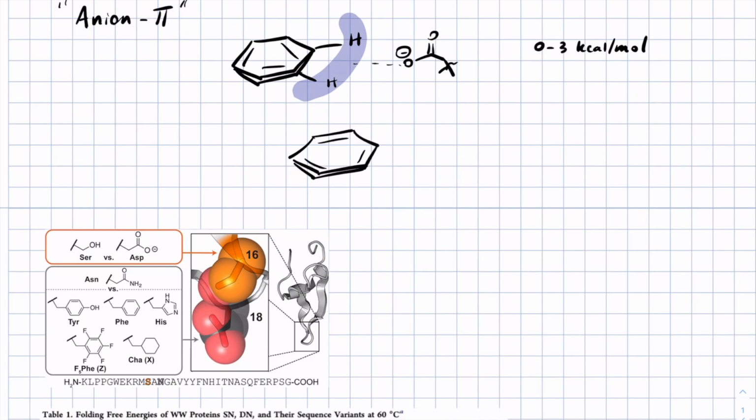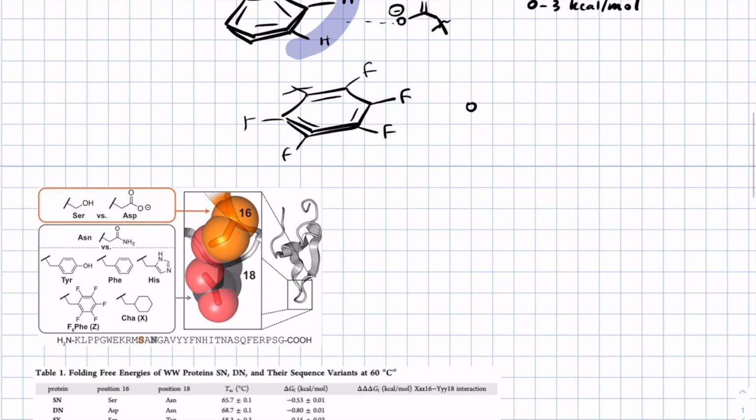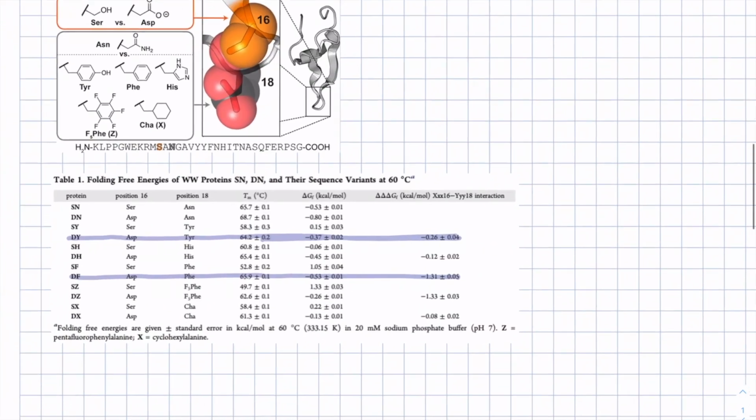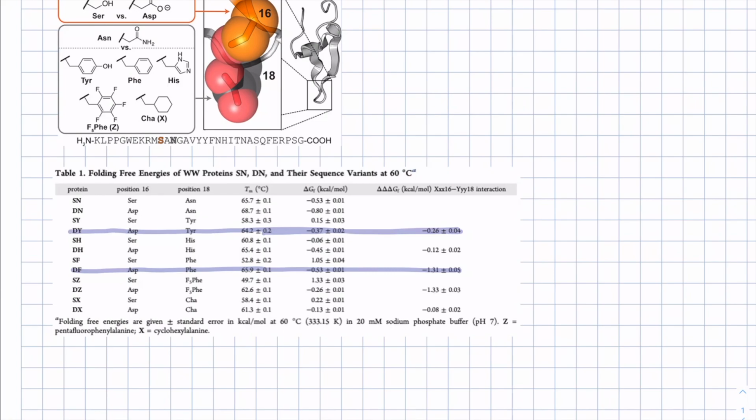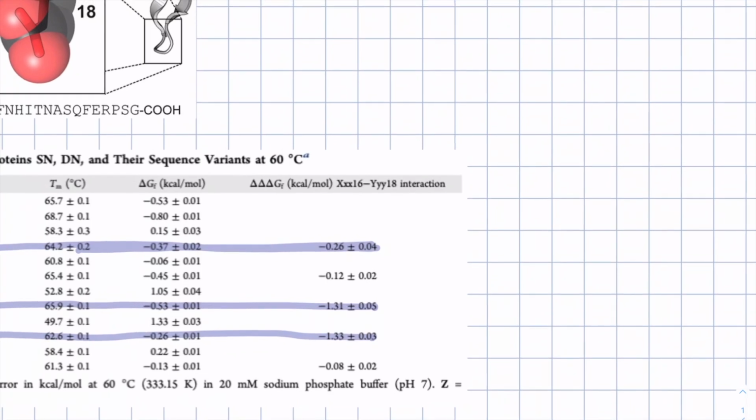Would you then see this stabilizing effect go away? So we made the pentafluorophenylalanine derivative and figured that putting the negative charge here would then be repulsive, and that would be bad. It turns out that if you put the pentafluorophenylalanine there, actually the effect stays the same.